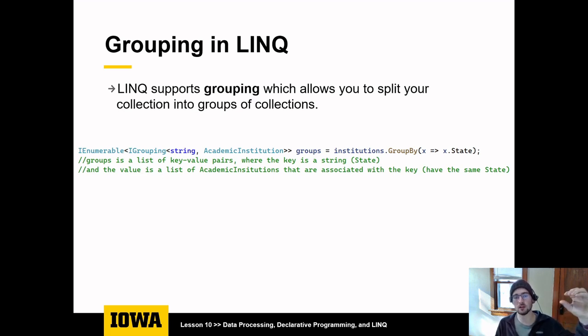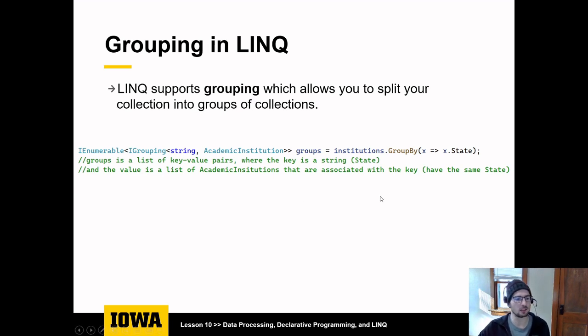So our key is a state, so Illinois, Iowa, Wisconsin, whatever it is. And our value is a list of objects that were associated with that key. So, in the case of our data set, Iowa would be the key, and the value would be a list of all the academic institutions that are in Iowa. Okay, and then you have a list of those key value pairs.